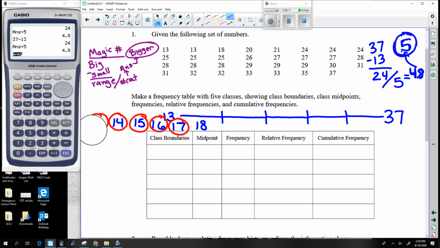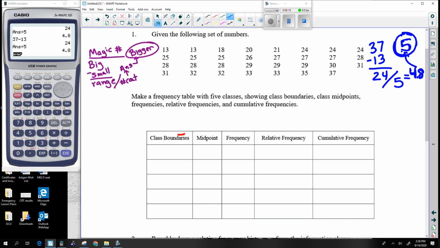So what do I do to fix this problem? I know that I'm starting at 13. What I do with that magic number of 5 is I don't add across, I don't add 5 going that way, but rather I add 5 going down. So the next category is going to start at 18.